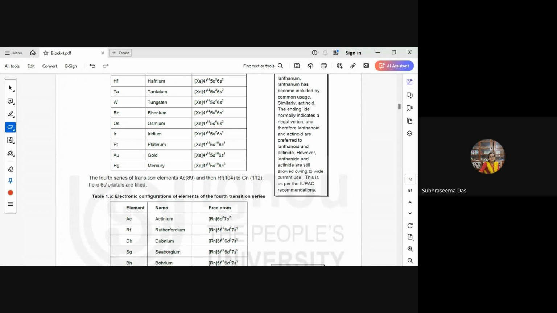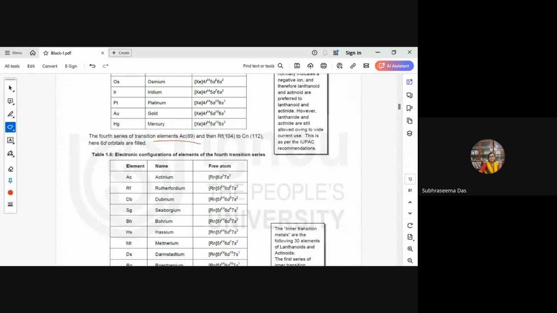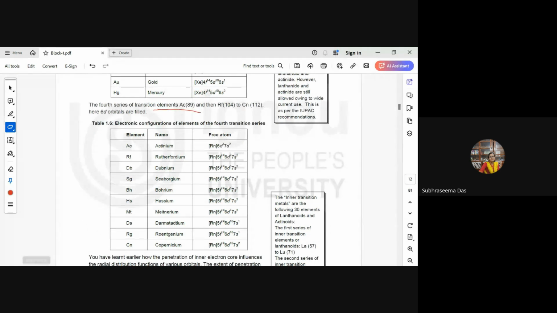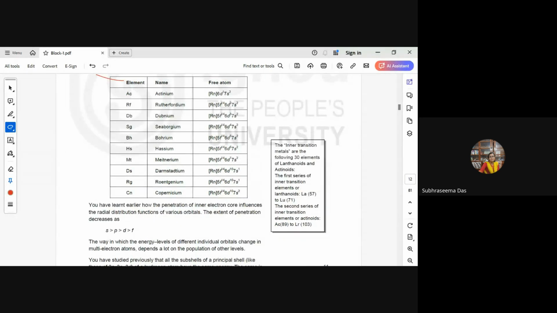The fourth transition series starts from actinium 89, and continues with the inner transition, that is the 6f elements. Finally, in table 1.6, you can see the configuration of the fourth transition series.